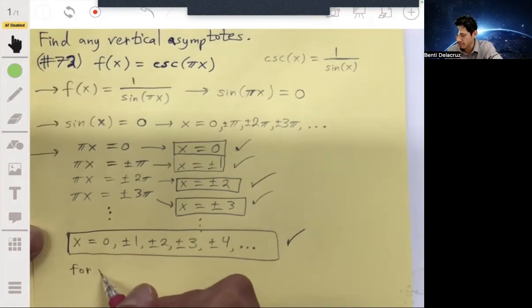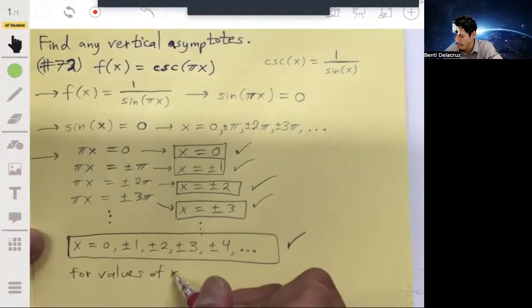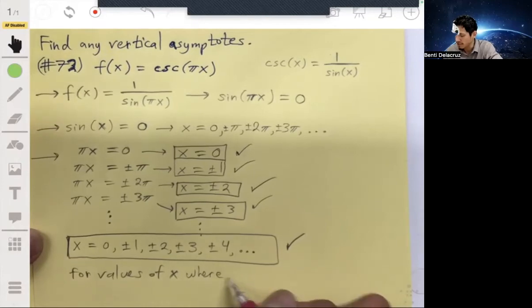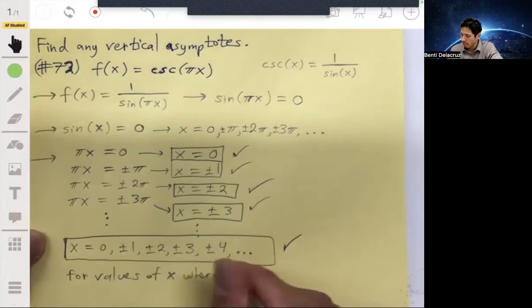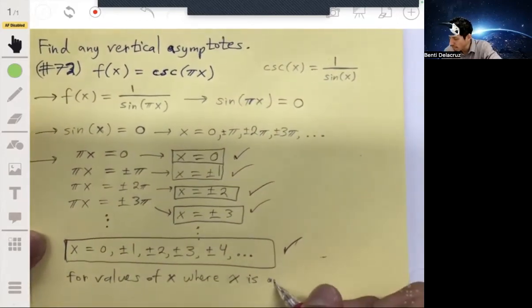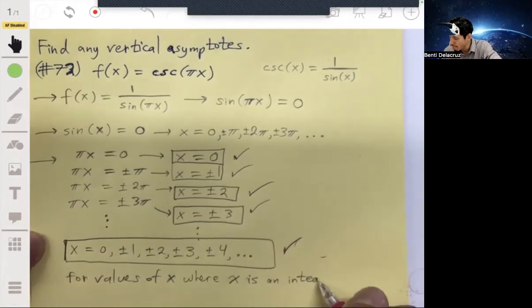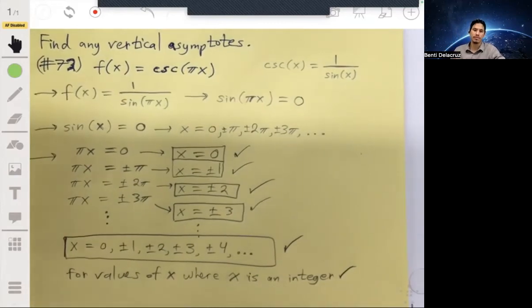Maybe another way you could say it is: for values of x where x is an integer, because the integers by definition are the positive and negative whole numbers.